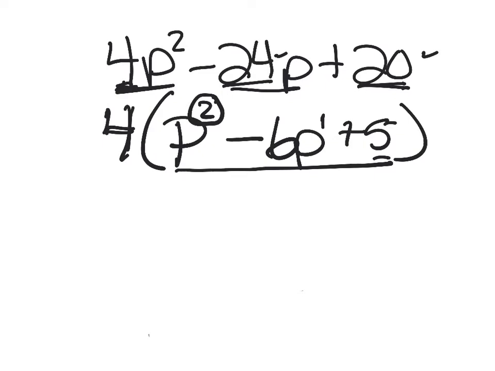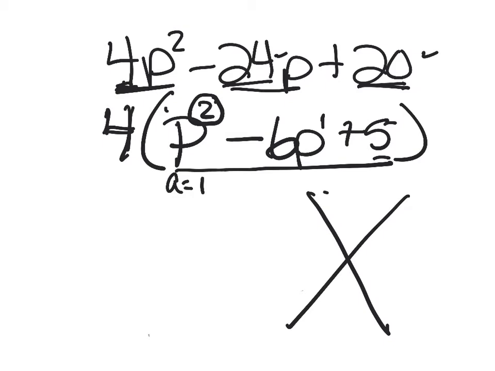All right, so I'm going to bring my x. I know that a is 1, b, which is the middle coefficient, is negative 6, and c is my constant, which is positive 5. So if you remember, in the x we put a times c.